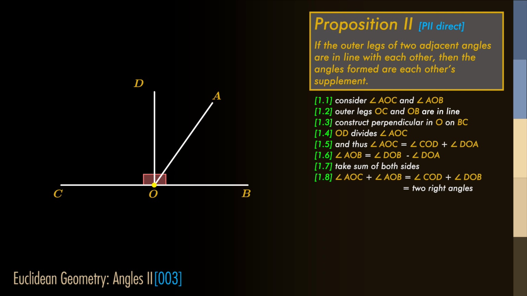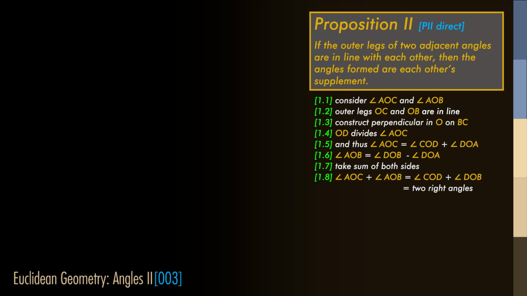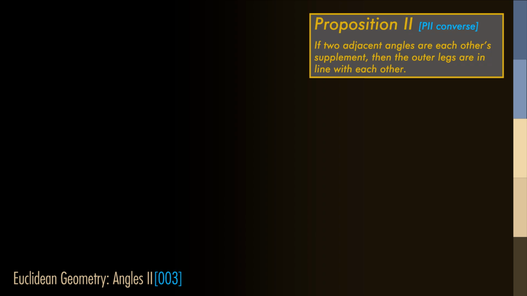We get that AOC plus AOB equals COD plus DOB. But COD and DOB are right angles, so the sum is 2 right angles, and that's what needed to be proven.